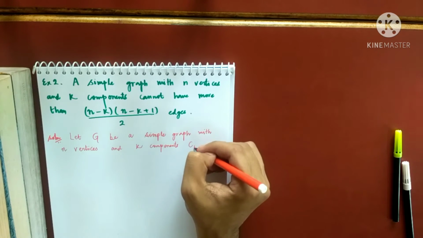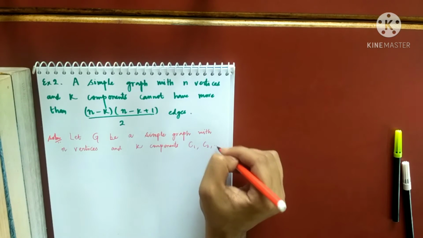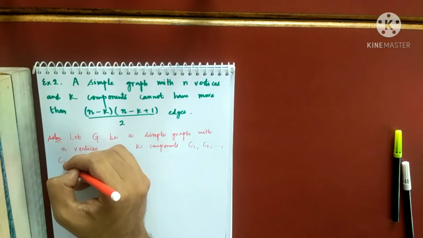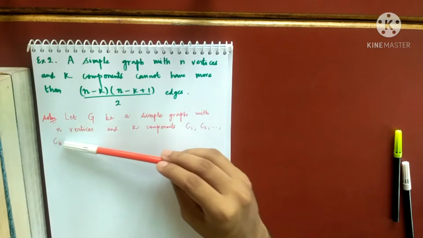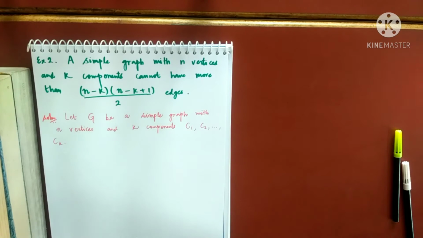I'm calling the components C1, C2, up to Ck. I am naming the graph G, having n vertices. I'm not giving any names to the vertices, but I'm giving names to the components. Suppose the components are C1, C2, Ck.